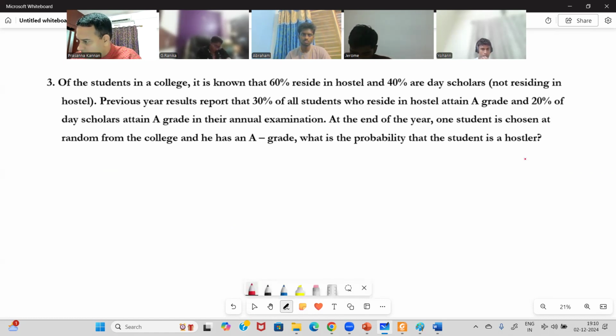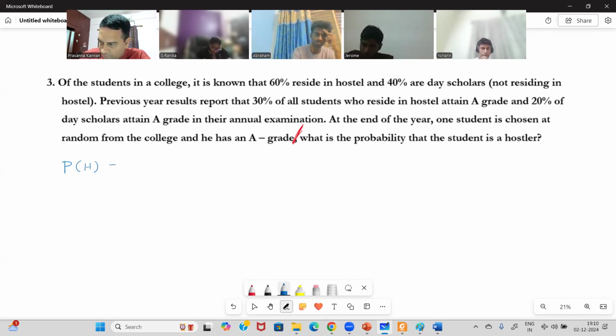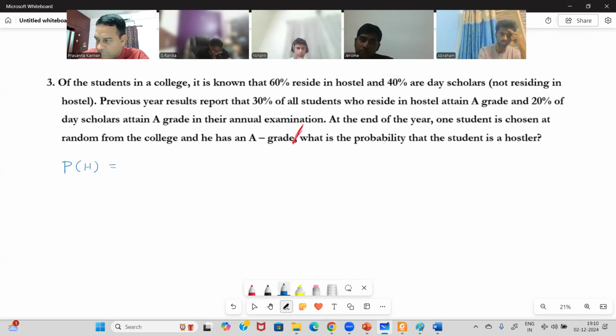Now again, we'll split the question till here. We'll find it till this point. Okay. Yes, Johan, you're going to help me now. What is the probability that a selected student stays in hostel? 60%, right? What is the probability that the student is not in a hostel, he is a day scholar?